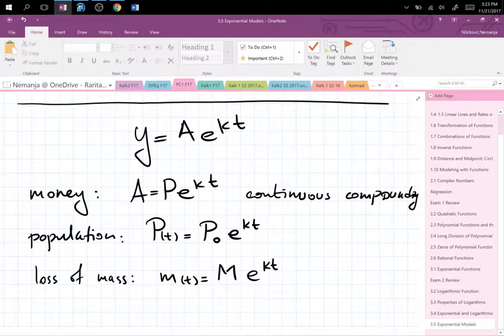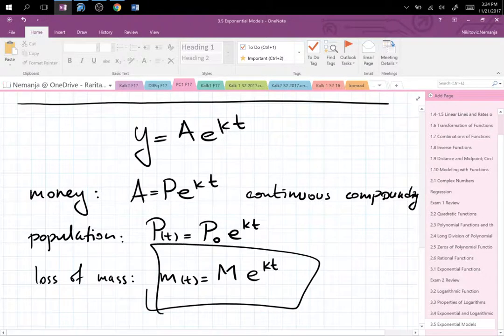If you do carbon dating to discover how old an organic material that you dug up is, and if you calculate the radioactive decay after a disaster or whatever, it's actually the same concept, same calculation, and that concept is loss of mass. So garbage decay, metabolizing drugs in a system, all of that stuff, like medication, is loss of mass, and it's governed by the same mathematical principle, which is this equation here.